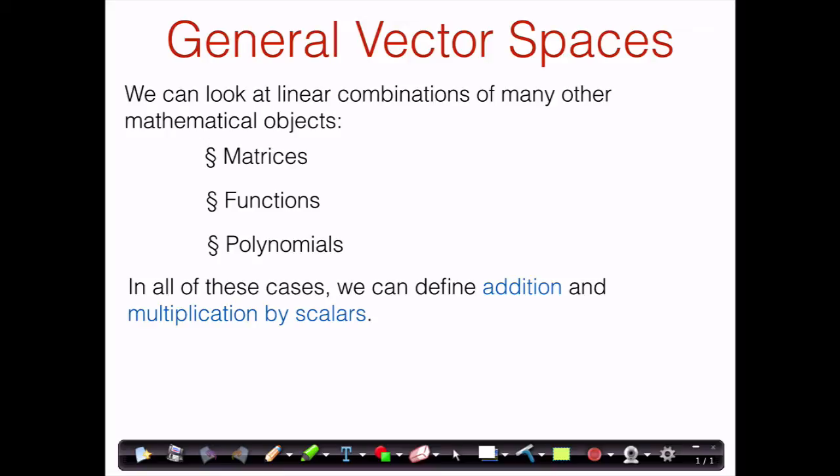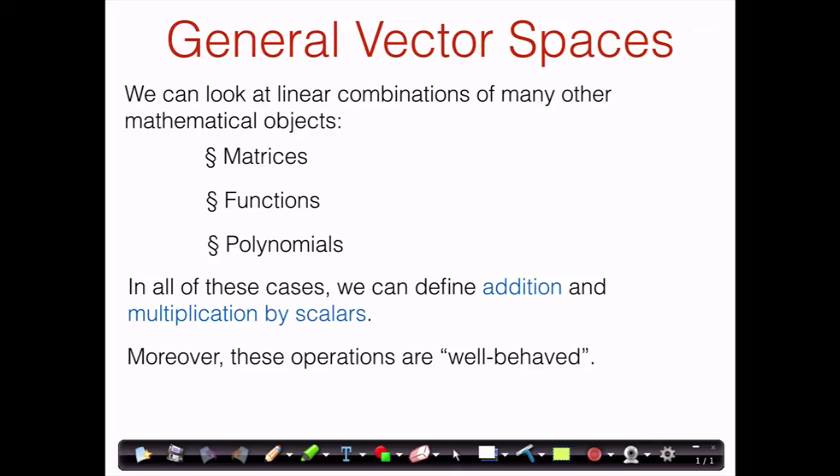And moreover, linear combinations of these kinds of objects behave a lot like linear combinations of vectors in Rn. What that means is that a lot of the theorems that we've already shown can be extended to all of these situations. That's because the operations of addition and multiplication by scalars are well behaved.